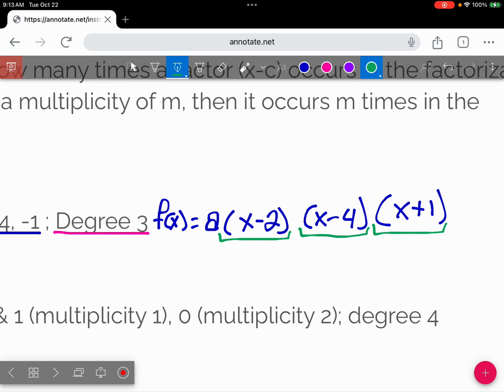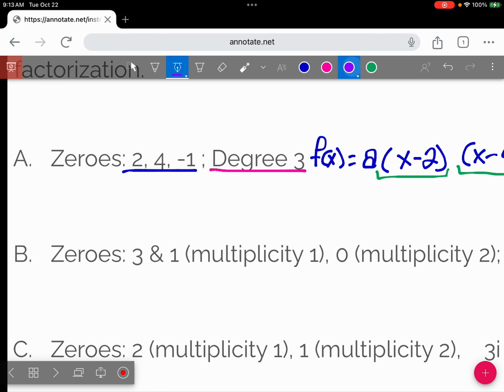So when we look at B, I've got my zeros of 3 and 1 that have a multiplicity of 1, and 0 that has a multiplicity of 2. So when we're coming to put this into our function, our f of x, we still don't have our a value here, so I'm still just going to put a letter a.